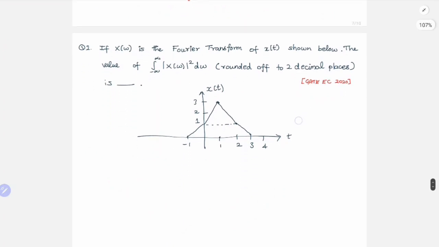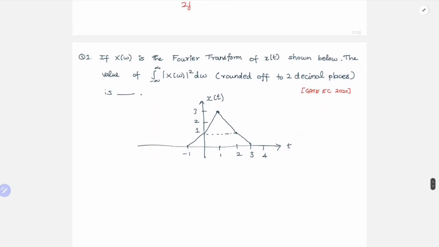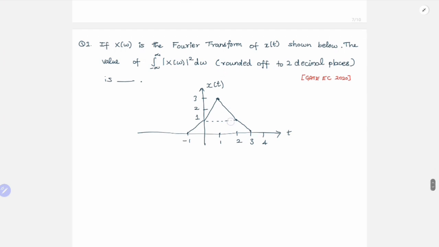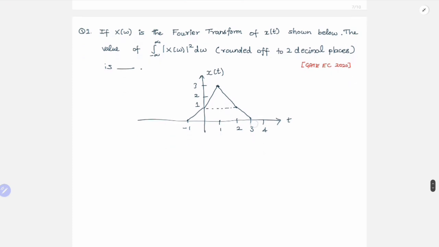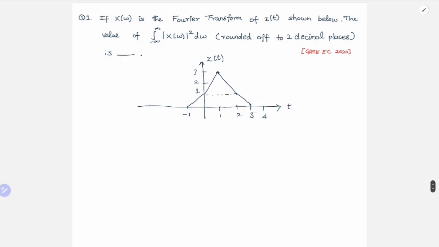Okay, moving on. If X of omega is the Fourier transform of x of t shown below, the value of integral minus infinity to infinity mod X of omega whole square d omega, rounded off to 2 decimal places, is. Okay, so this one also is again using Parseval's theorem. We should approach this problem.